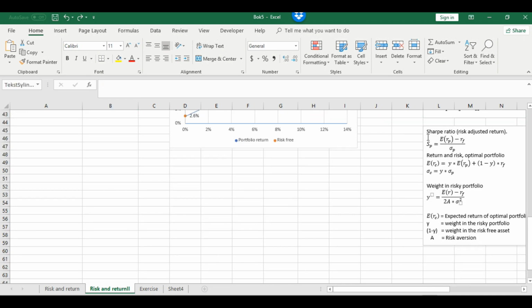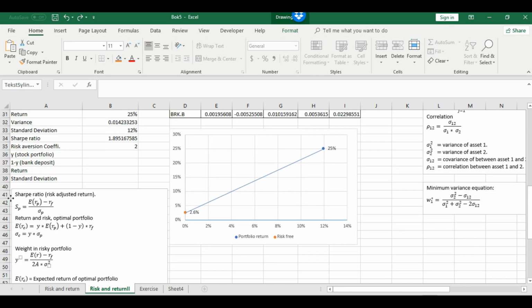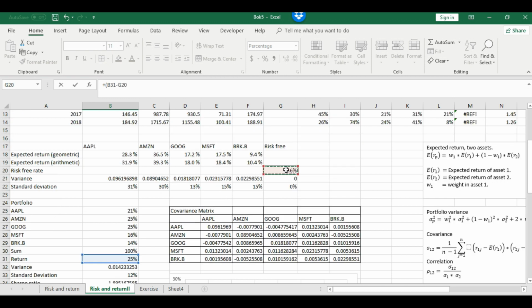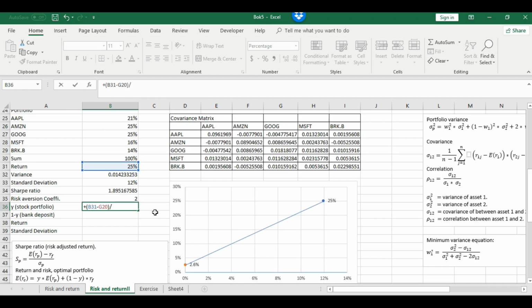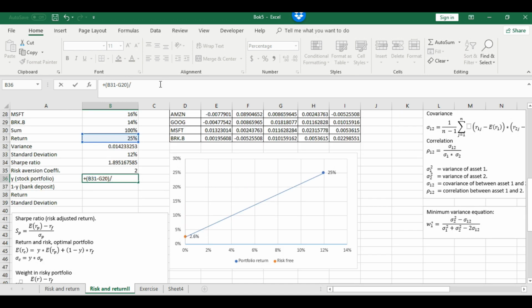So the expected return of the portfolio minus the risk-free rate divided by 2 multiplied by the risk aversion coefficient multiplied by the variance of the portfolio, and set the brackets.